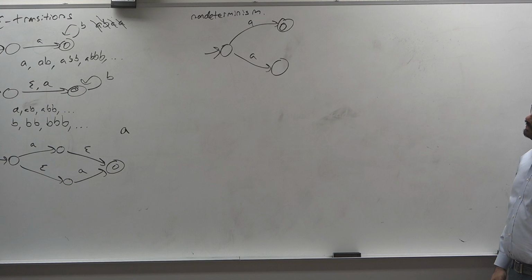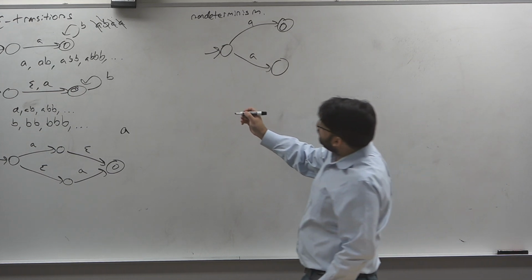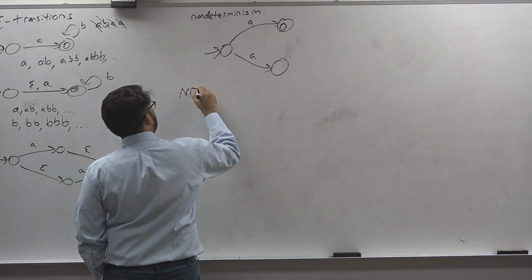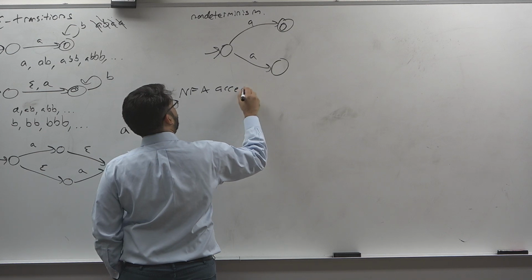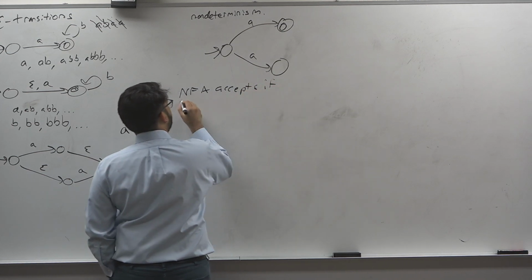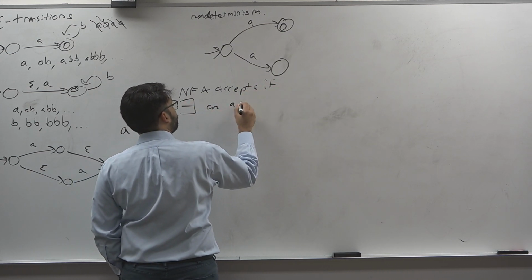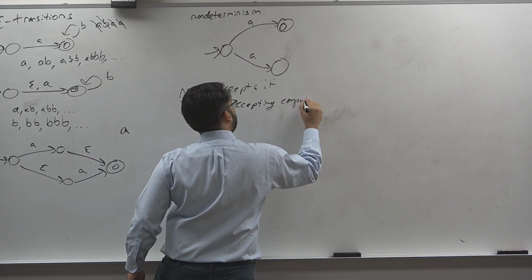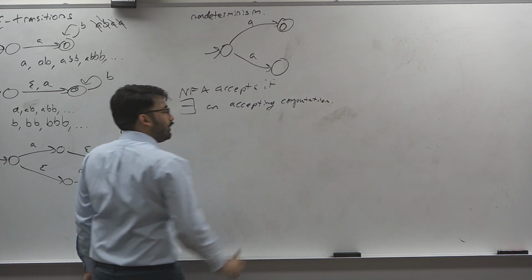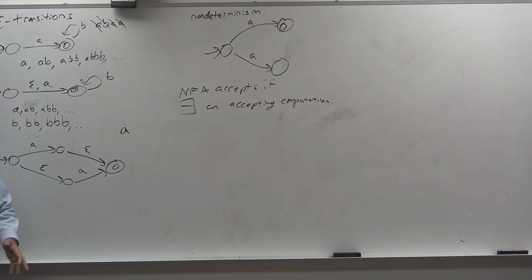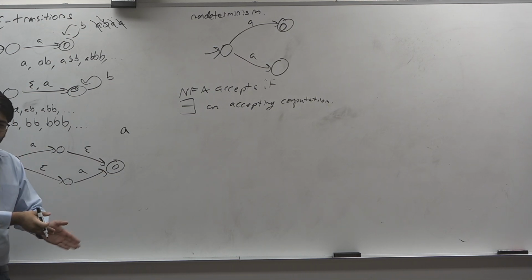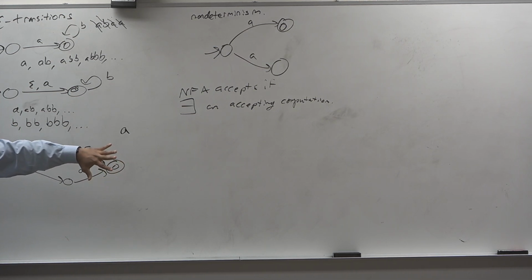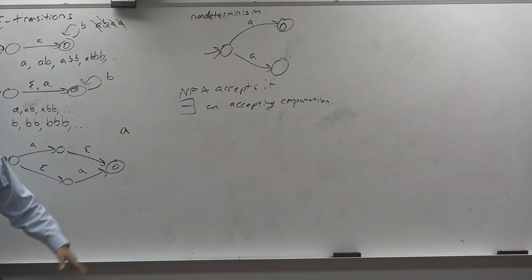Yeah, so non-determinism is existential in the sense that an NFA accepts if there exists an accepting computation. What is an accepting computation? An accepting computation is a path in the NFA to an accept state. If there exists a path to an accept state, then the string is accepted.